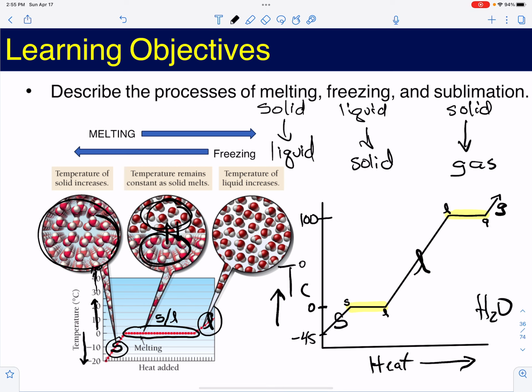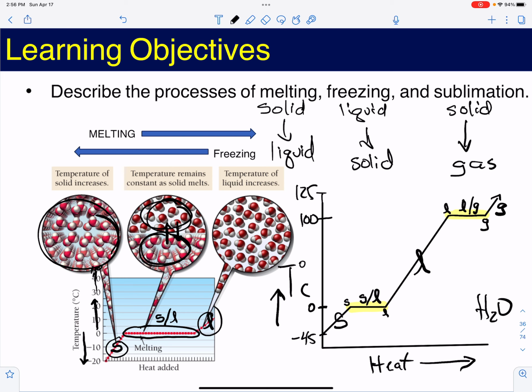The liquid stops there, and the gas begins there, and in between is a perfect equilibrium between the liquid and the gas, and on the first plateau is a perfect equilibrium between the solid and the liquid. So that would be a heating curve going all the way from minus 45 degrees to, let's say, 125.